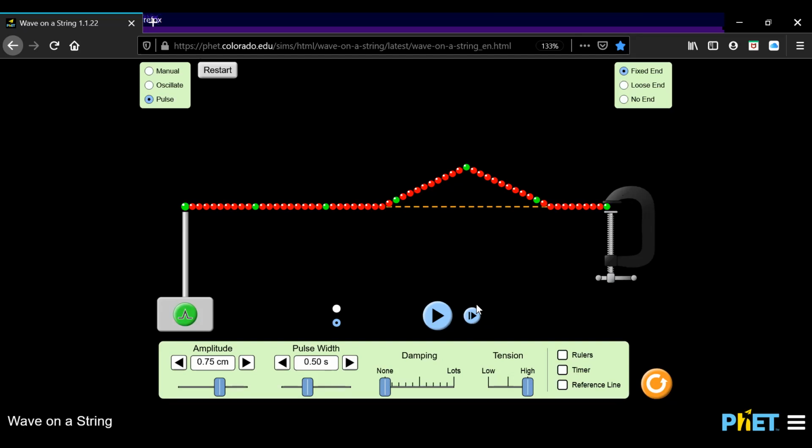When we require that, if the string is required to be at 0, what happens when the wave comes to it? We've already seen it: the only thing that can happen is that the wave has to go under to cancel itself out on that right-hand side.